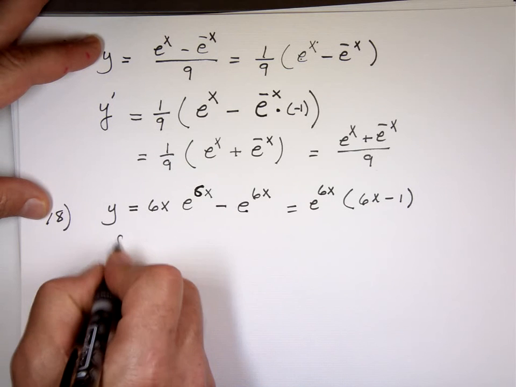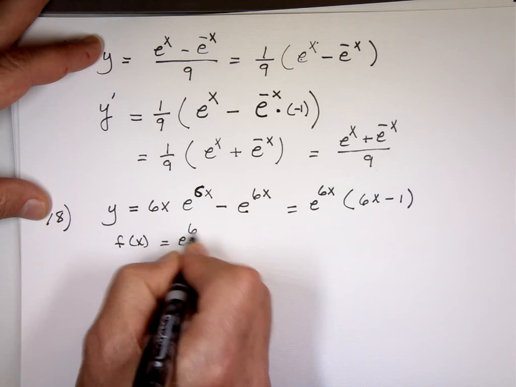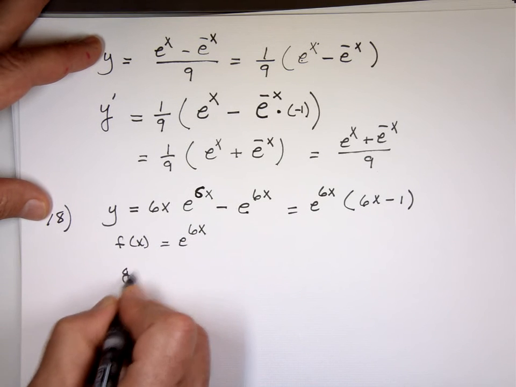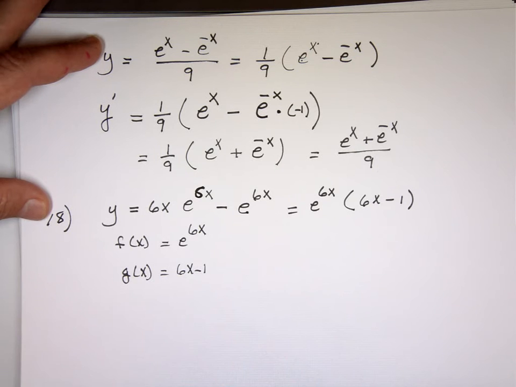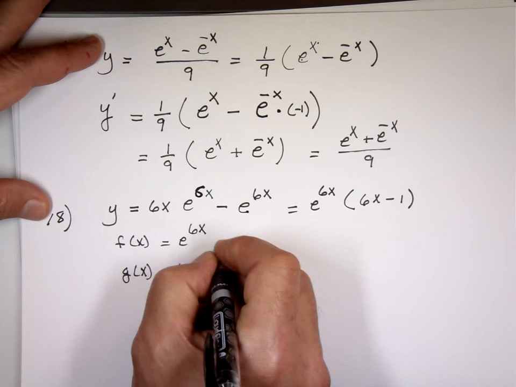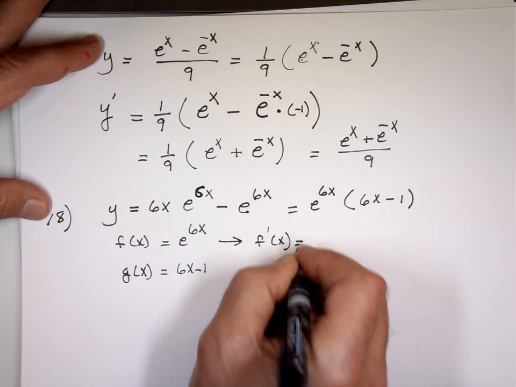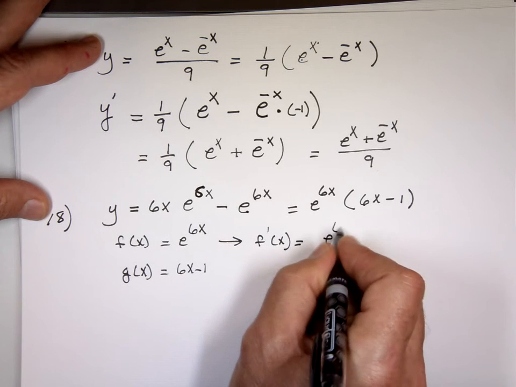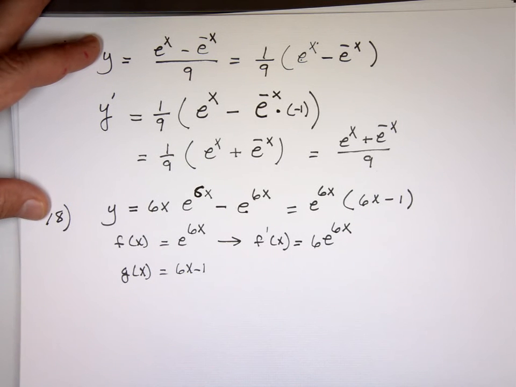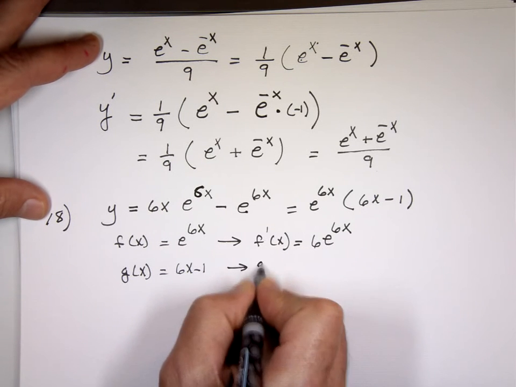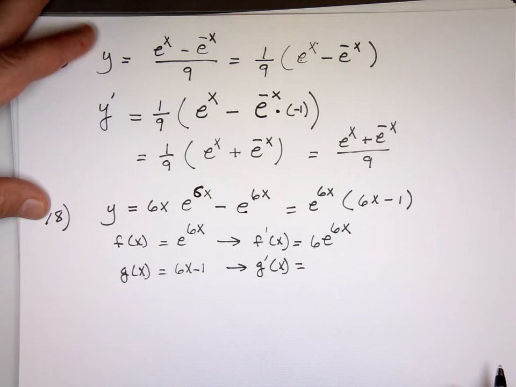So f of x is what? E to the 6x. G of x, 6x minus 1. What's the derivative of this? E to the 6x times the derivative of 6x, which is 6. I'll put it in the front. And what's the derivative of g? 6.